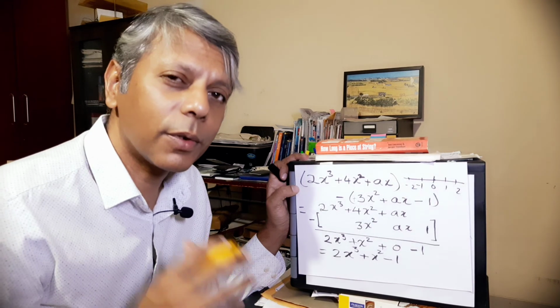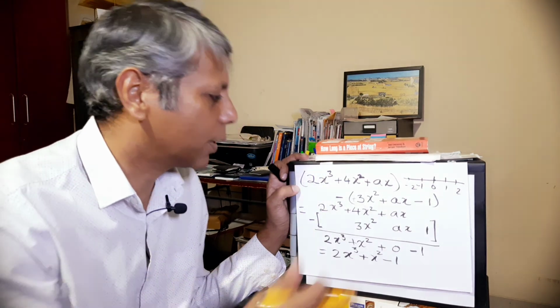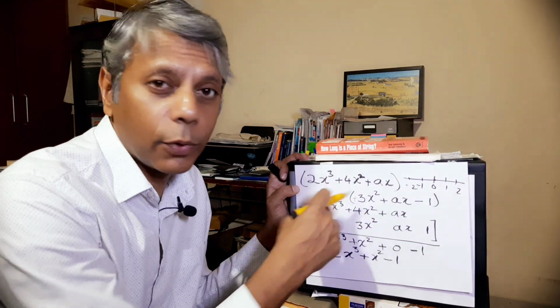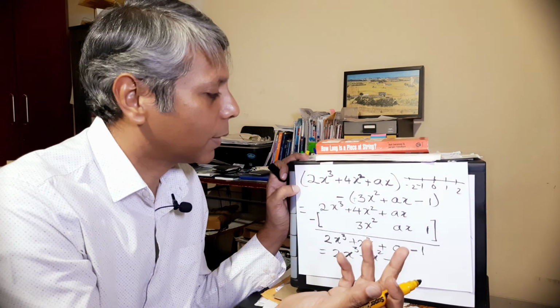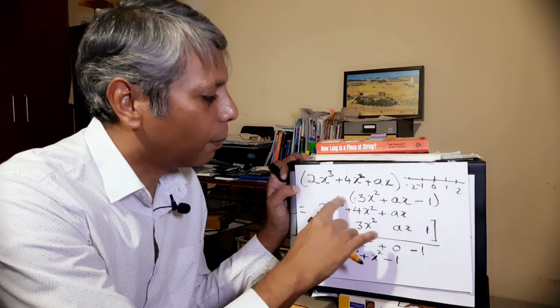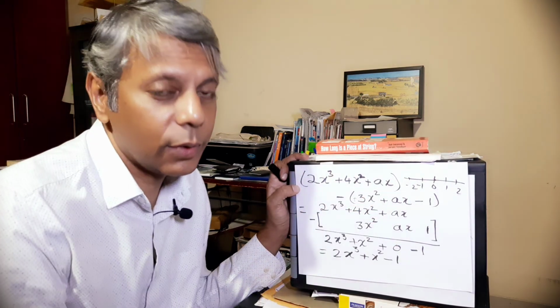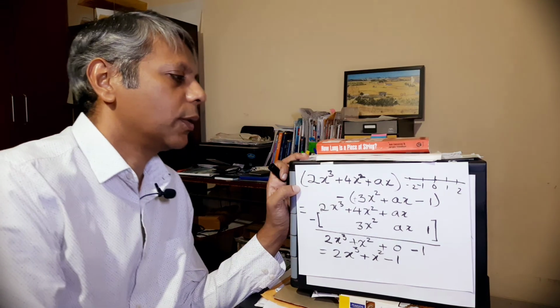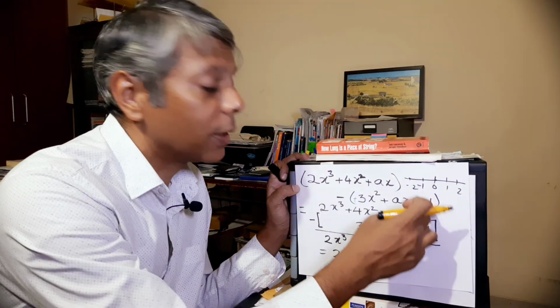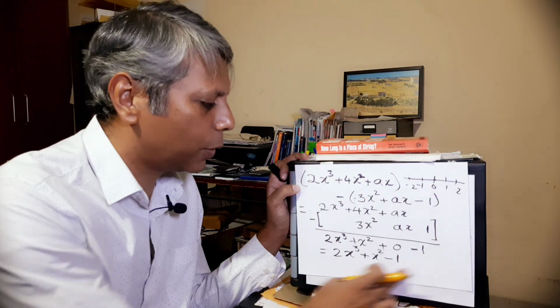So we don't really worry about this too much. So it is 2 into 8 is 16. 16 plus 4 into 4 is again 16. So 16 plus 16 is 32, minus 3 into 4 is what? 12. So 32 minus 12 is 20. 20 plus 1 is 21. So if we put 2 here, do we get 21?